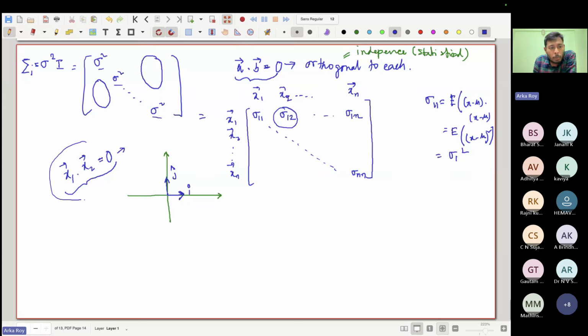So this particular product also means that the angle between these two is 90 degrees. This inner product 0 also infers to this condition because cos 90 is 0. That is why you are getting the 0 value.